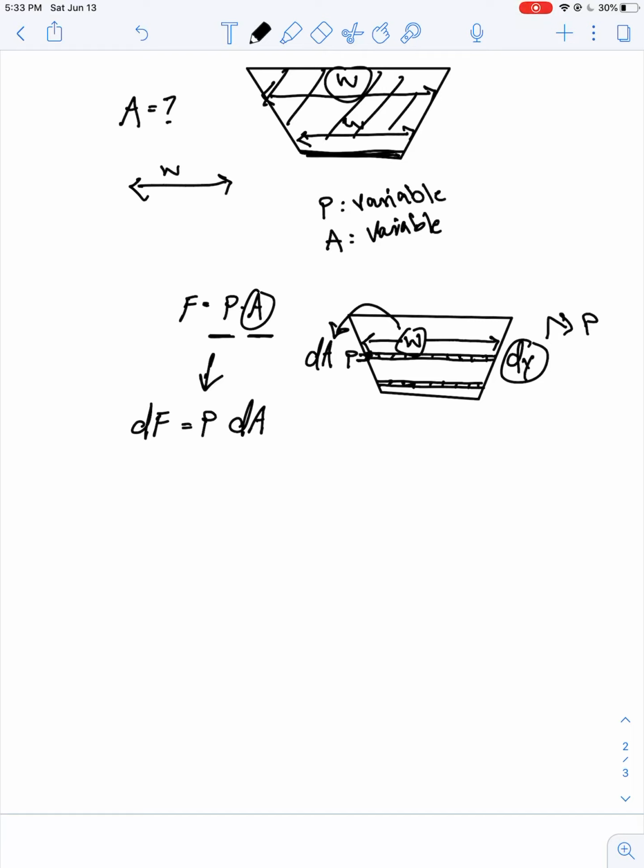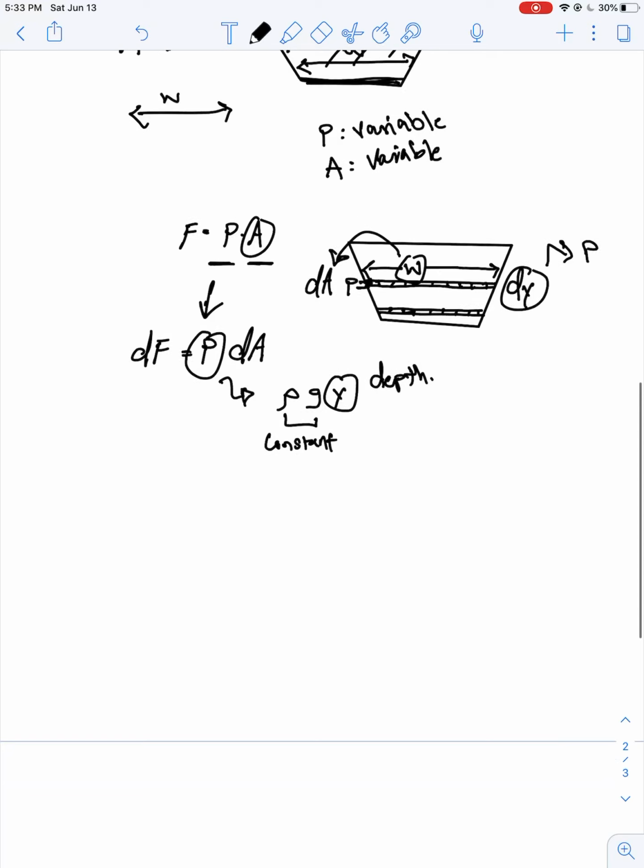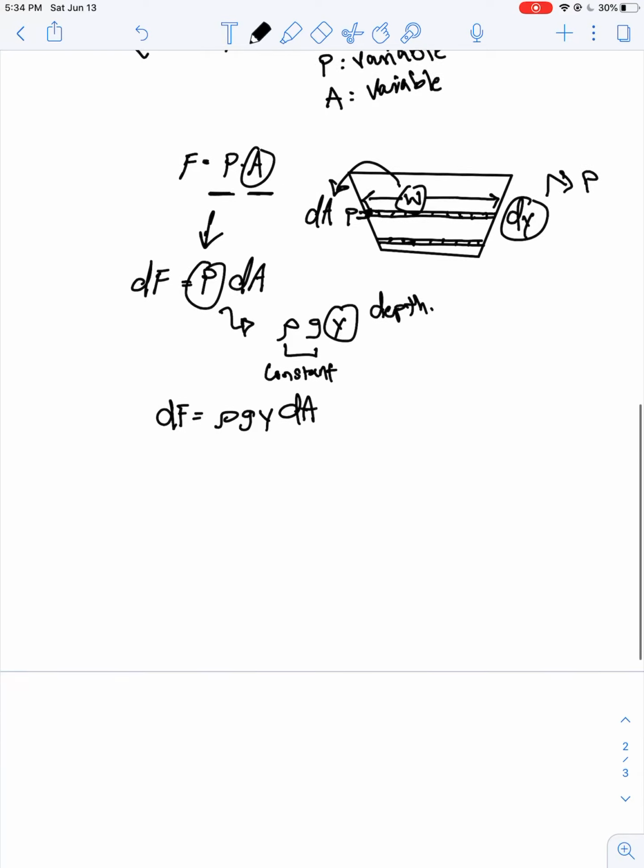And so from this, we can replace this pressure with what it's more dependent on: rho g y, where these are constant, but it does truly depend on the depth. It changes. That's why the pressure is variable, because of the varying depth in the water. Okay, so we can write dF equals rho g y dA.